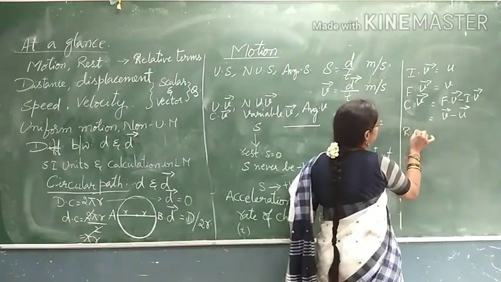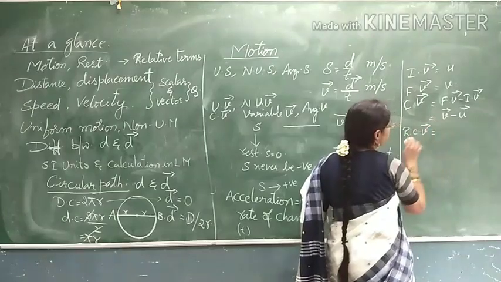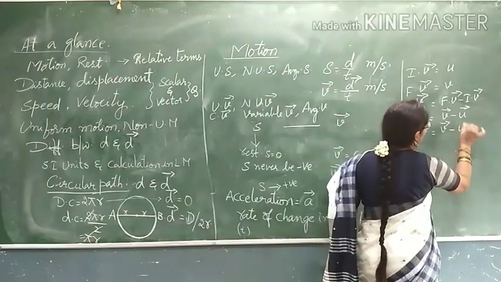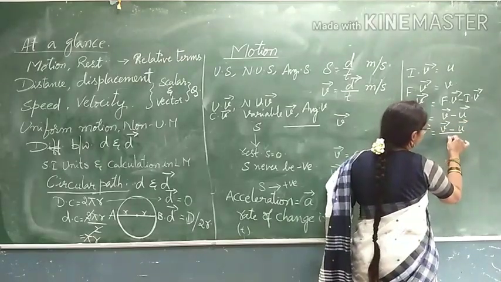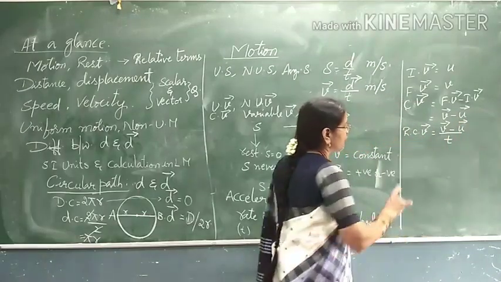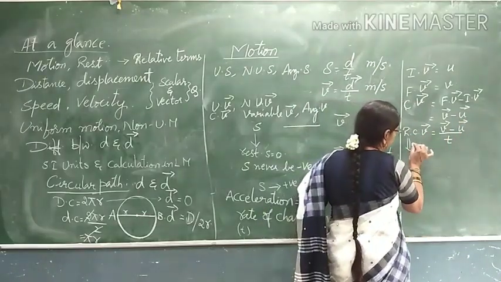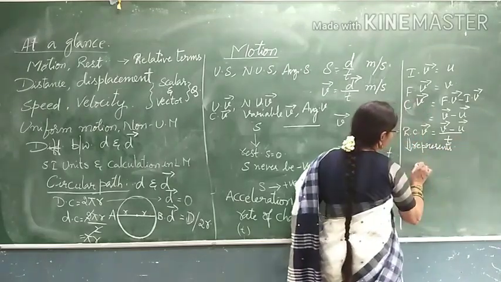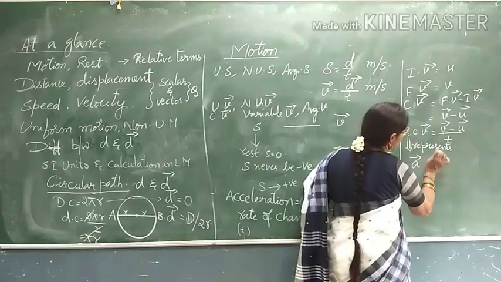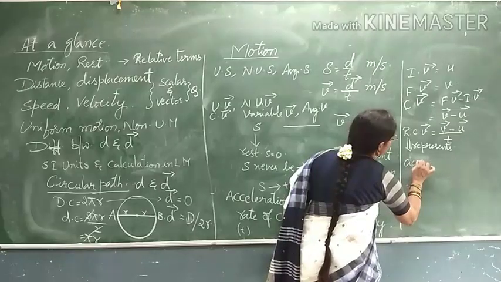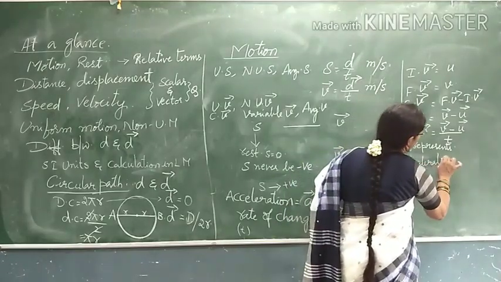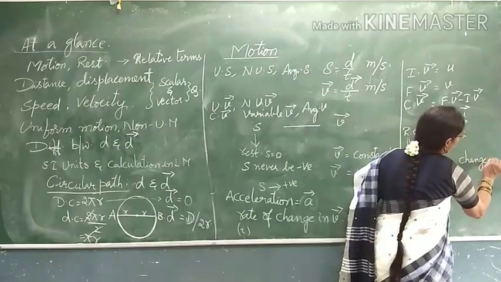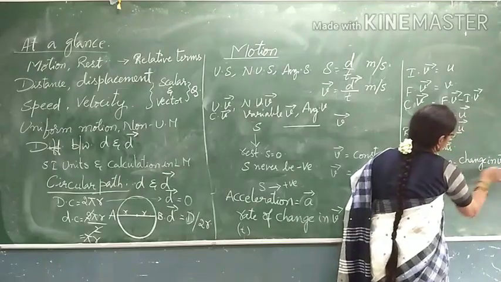Now what is rate of change in velocity? Rate represents time. So rate of change in velocity is V minus U by T. By definition, it represents acceleration. So acceleration is equal to change in velocity by time.